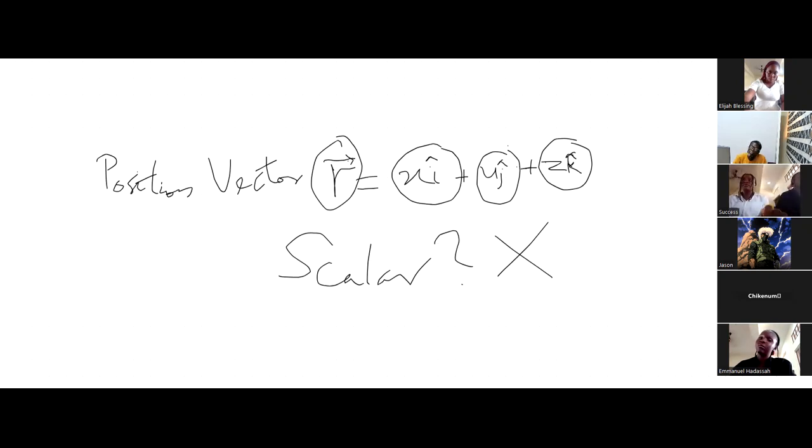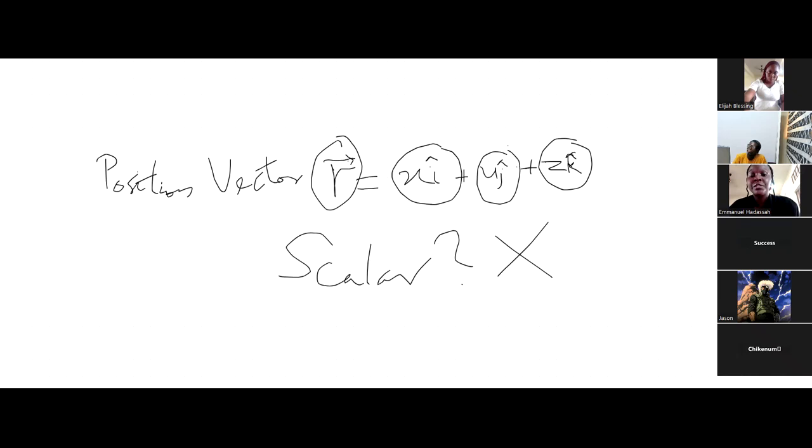Example. Blessing, you want to say something? No, I'm not allowing you. Adasa, example of scalar quantity. Speed. Say it again. Speed is an example of scalar quantity. Correct. You're right.